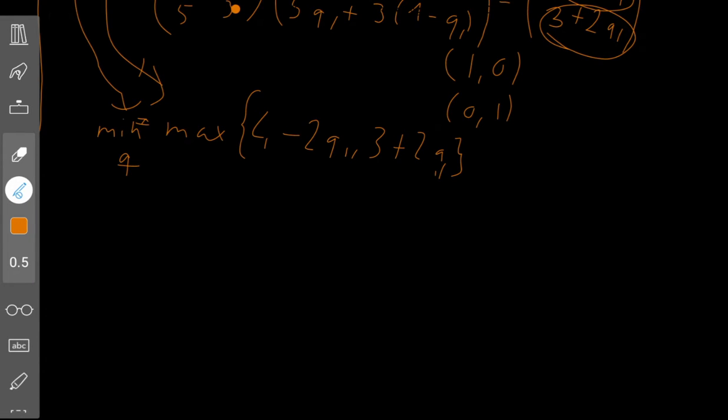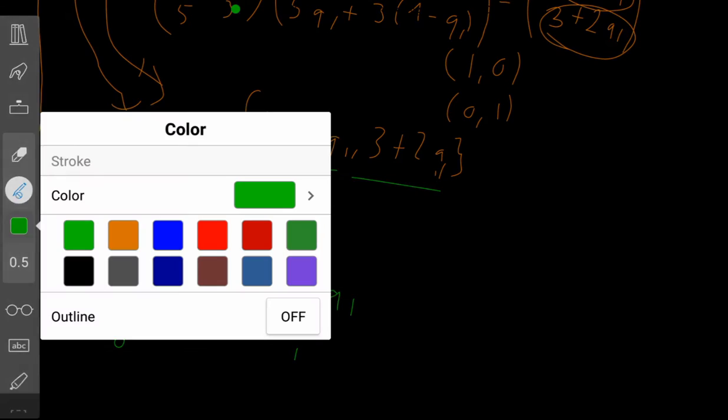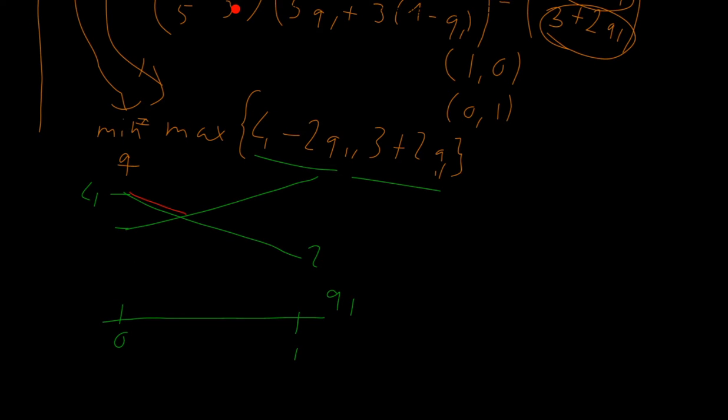Again, if I only have one variable, which happens to be a probability variable, so it's just Q1 between 0 and 1, then this guy here is something like this, 4 minus 2Q1, and the other is something like this, 3 plus 2Q1, and the maximum of these two functions is this line here, and then I have to minimize this thing, which is exactly at this point.